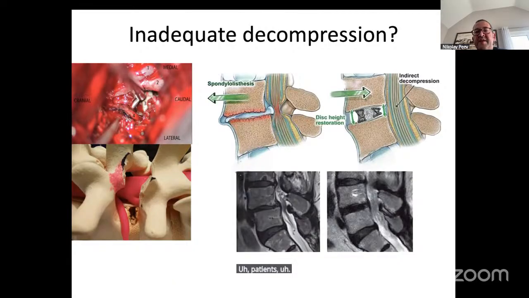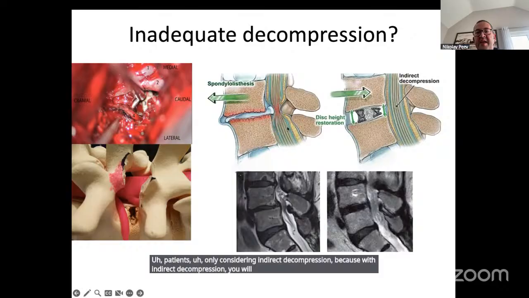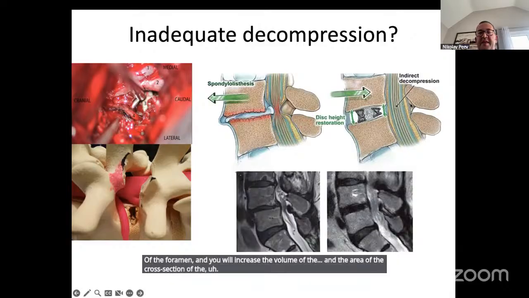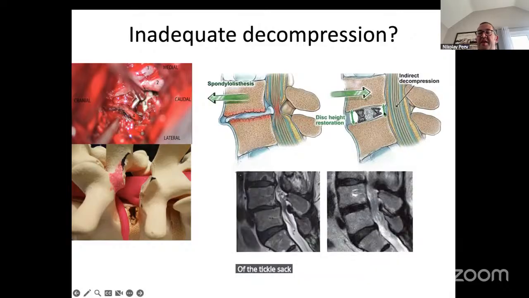only considering indirect decompression, because with indirect decompression you will increase the volume and the height of the foramen, and you will increase the volume of the area of the cross section of the thecal sac and the spinal canal.